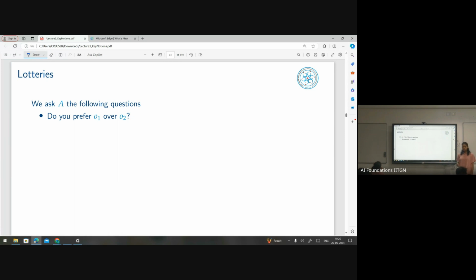This is what is used to come up with the numbers. So what we do with lotteries is the following. We ask: do you prefer O1 over O2? If it says yes, I'll assign some number to O1 and some lesser number to O2, because it prefers O1 over O2.